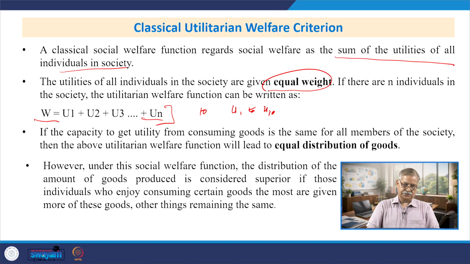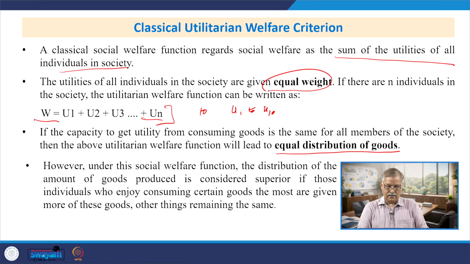If the capacity to get utility from consuming goods is the same for all the members of the society, then we can construct a utilitarian welfare function, and here it will lead to equal distribution of goods, because every member of the society is getting the same utility from consuming the same product.